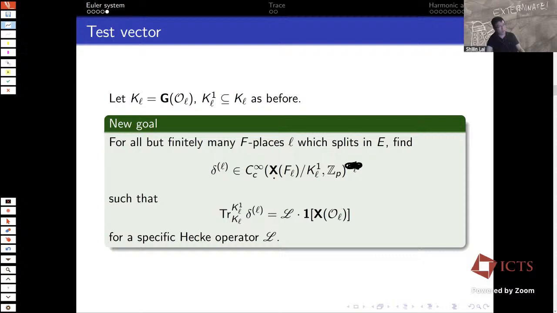So this is a function of X which is invariant under KL1, taking values in ZP. And the condition for the Euler system is that its trace from KL1 to KL is a specific Hecke operator applied to the indicator function.